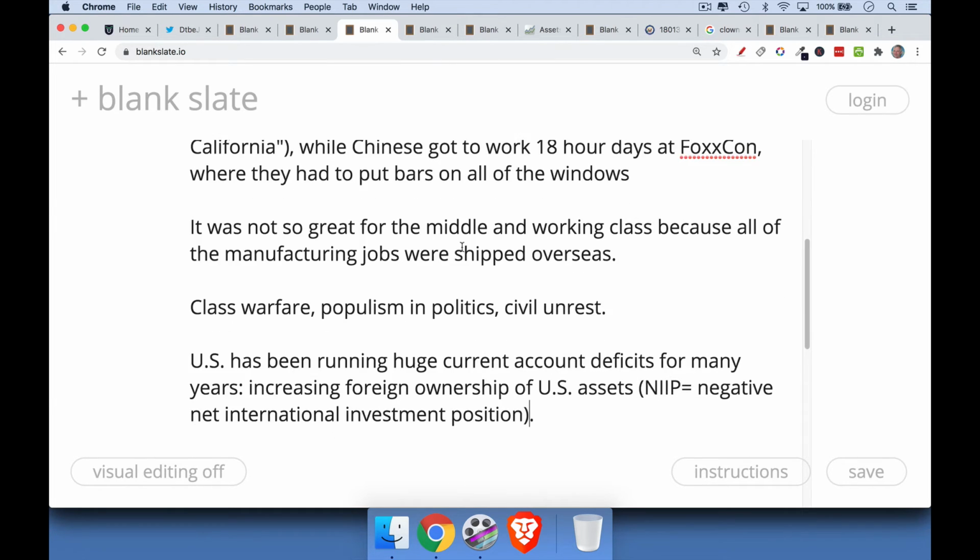And this also meant that there was increasing foreign ownership of U.S. assets like stocks and real estate. As a result, the U.S. for many years has had what's called a negative NIIP, negative net international investment position, where foreigners own more U.S. assets than U.S. citizens own foreign assets. So you have this weird situation where it doesn't matter quite as much in a globalist situation, but outsiders, quote unquote outsiders, own more and more of your country.